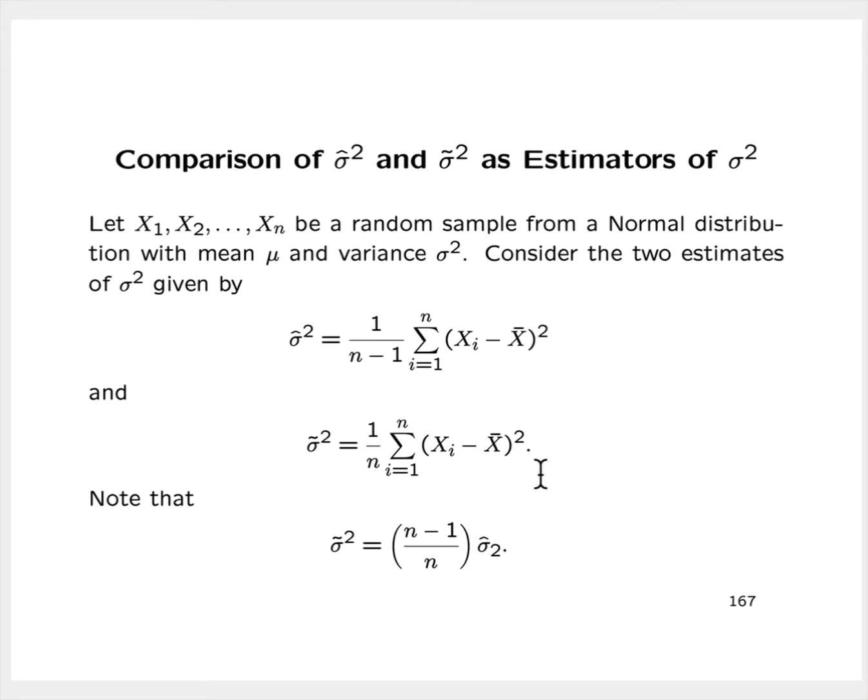This type of notation is in common usage, and I just wanted to use this so that you get used to this as well. So as we pointed out in a previous slide, we can represent what we're now calling sigma tilde squared as n minus 1 over n times sigma hat squared.